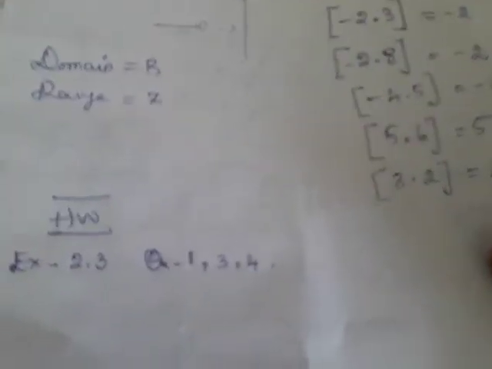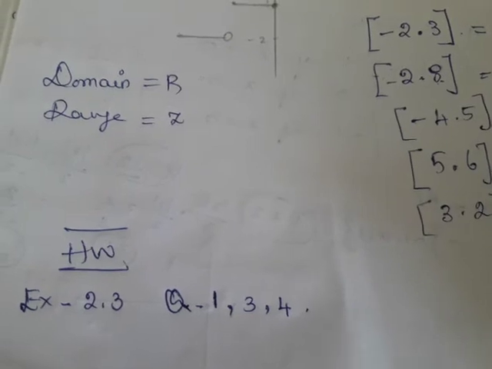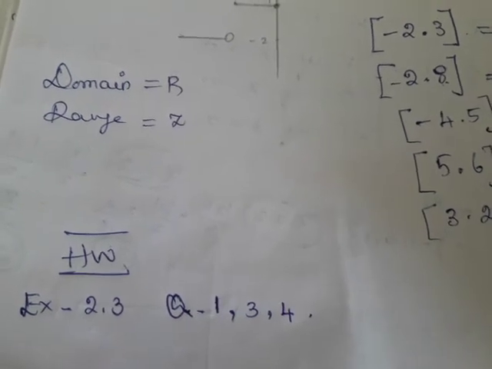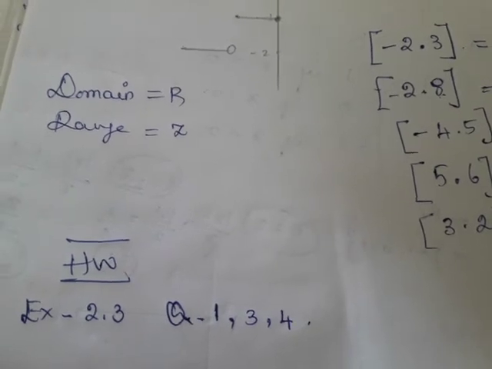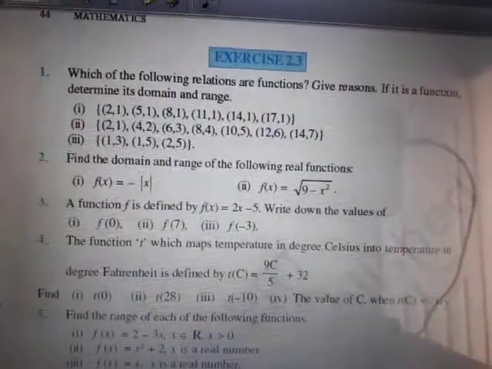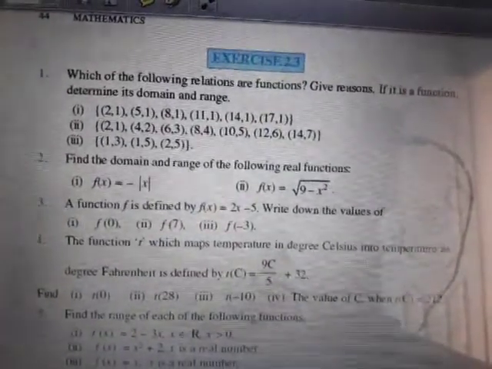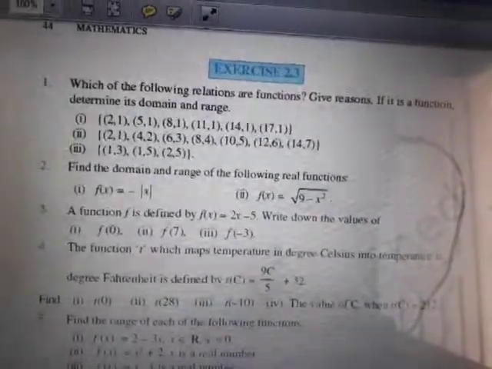Now with this we will wind up today's class, and homework will be exercise 2.3, question numbers 1, 3 and 4. All these 3 questions you can do on your own. They are simple questions. In the first question, they ask you to find which one is a function. You can do it by drawing an arrow diagram.